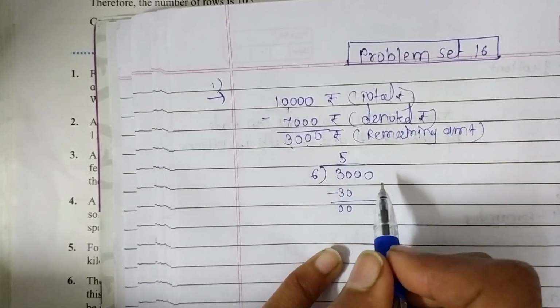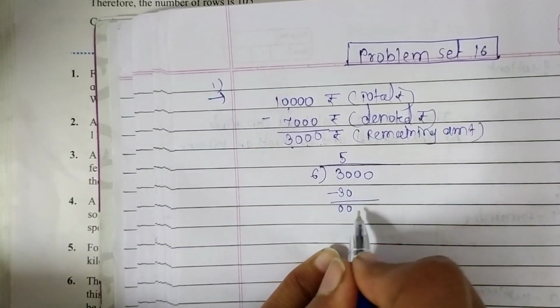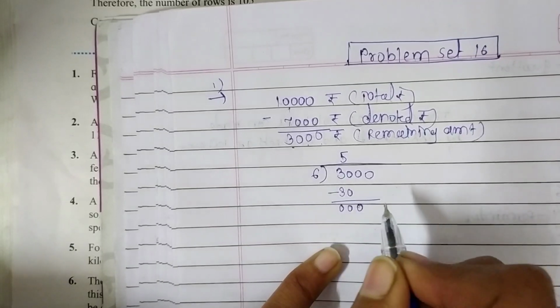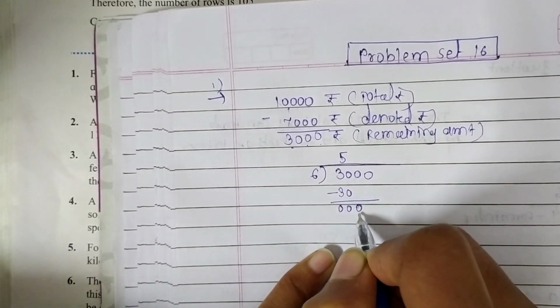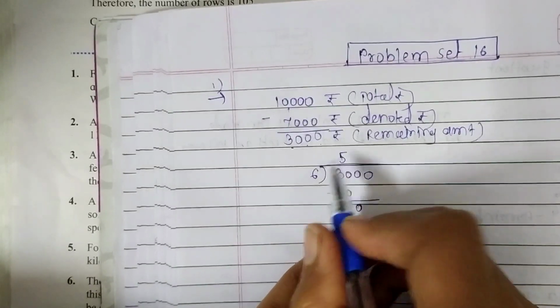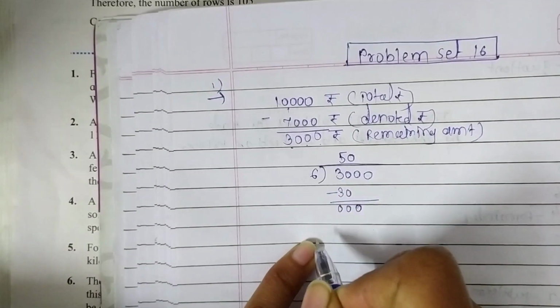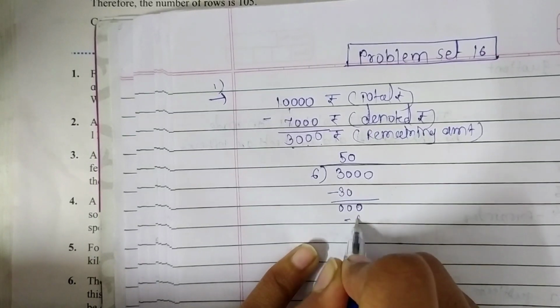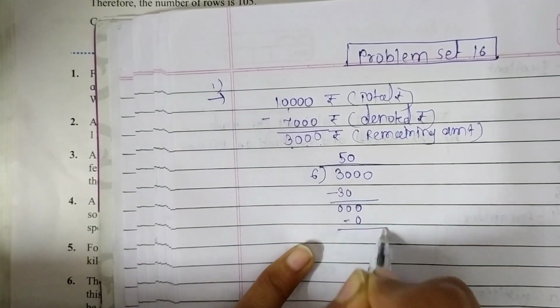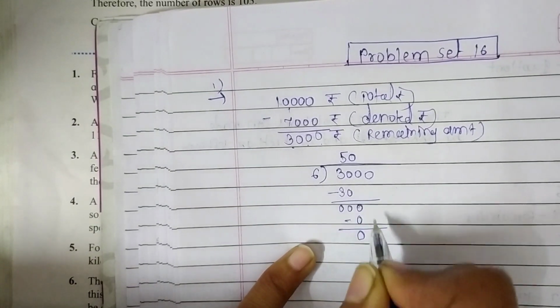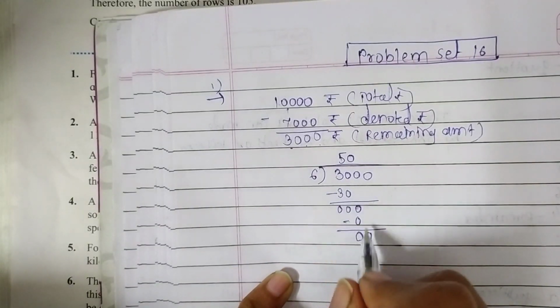Now we have 0 on the 10th place. Write here 0. We can't divide 0 by 6, so on the quotient side we are going to write 0 and subtract 0 minus 0. It's 0. Now on the unit place we have a 0.